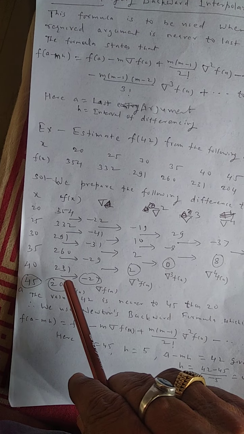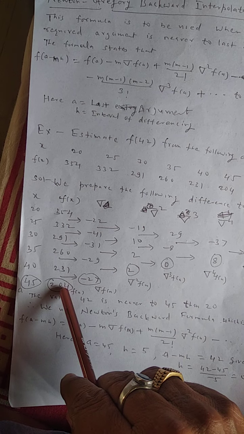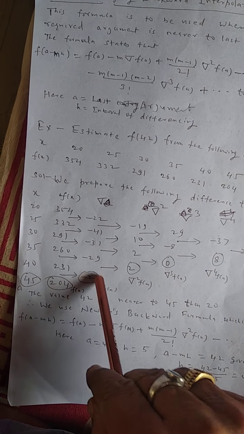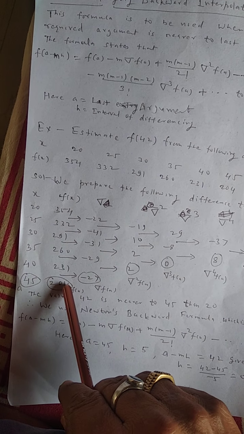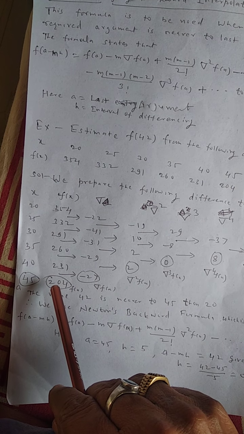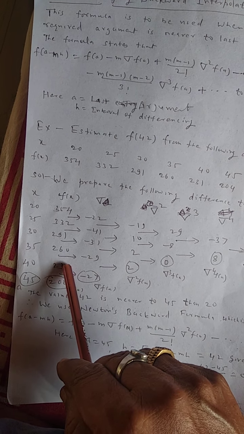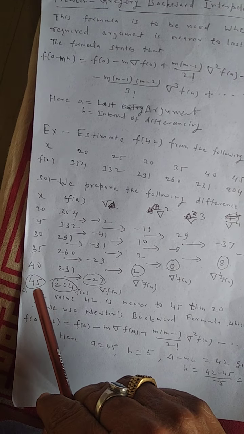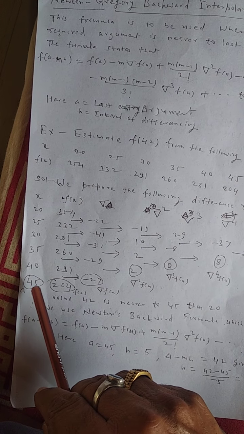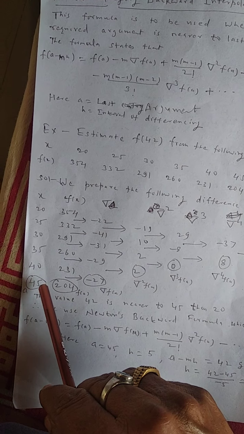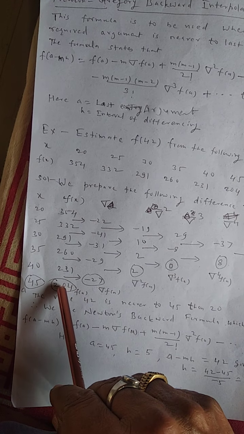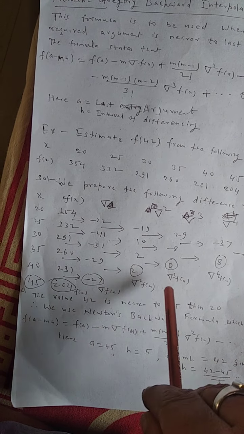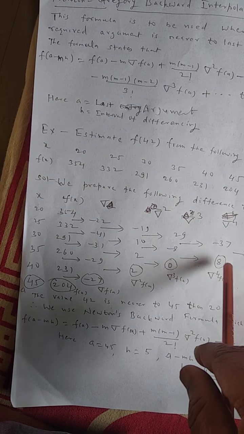As far as this value is concerned, this is del of 204, because del means that value minus the previous value. We are taking the last values like this. So A is 45, FA is 204, del FA is minus 27, del square FA is 2, del cube FA is 0, del fourth FA is 8.